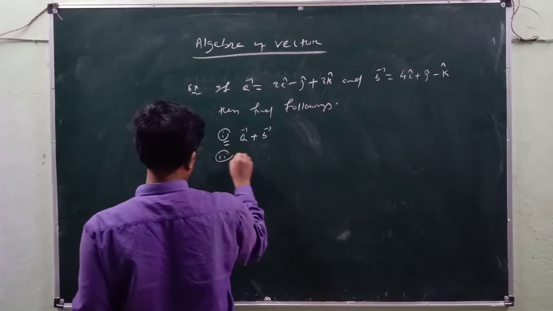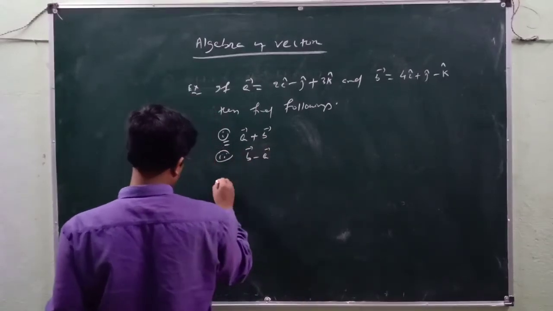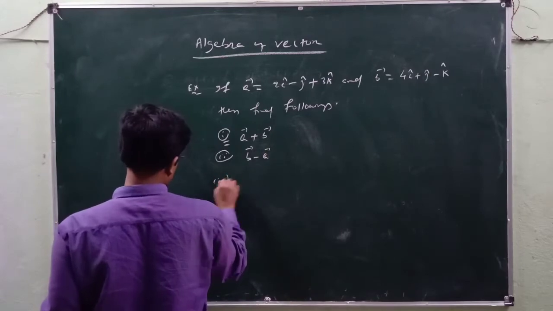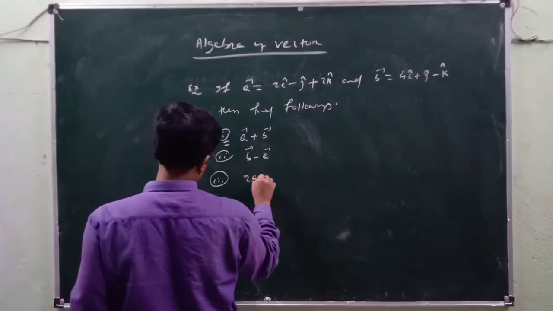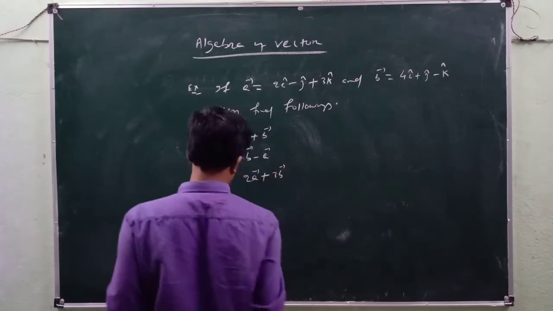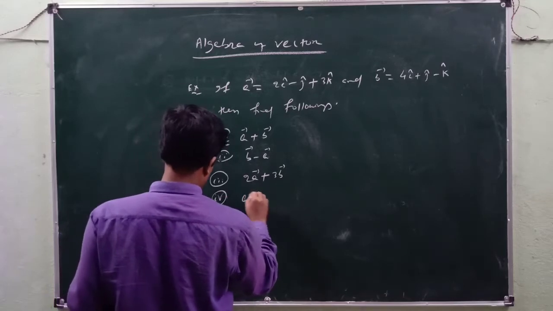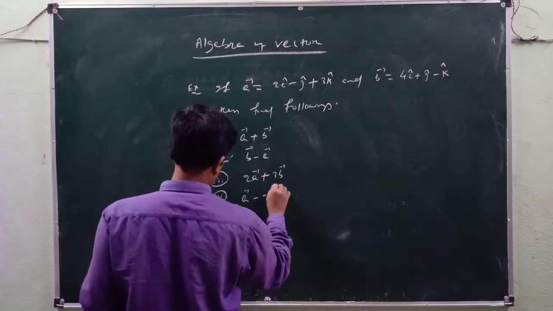In second, b vector minus a vector. In third, 2a vector plus 3b vector. In fourth, a vector minus 2b vector.